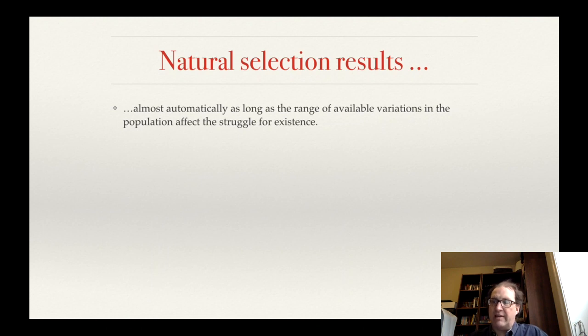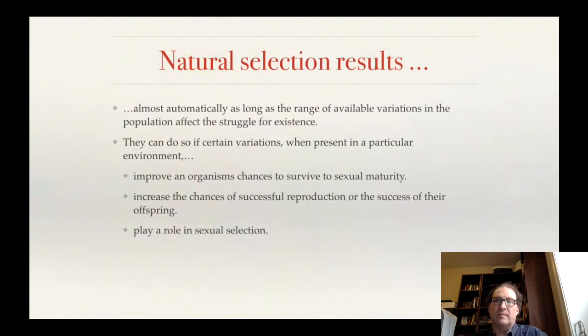So if I have two organisms, and those two organisms are different from each other in a way that their offspring inherit, and one or more of the ways in which they differ from each other gives the other one an advantage, makes it more likely that their offspring will survive, that's what generates natural selection.